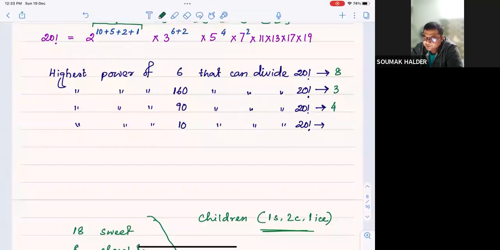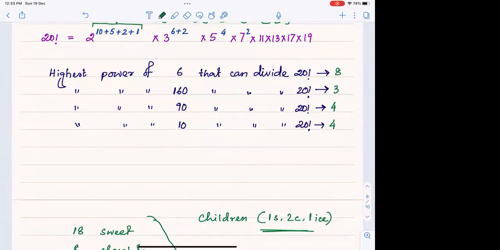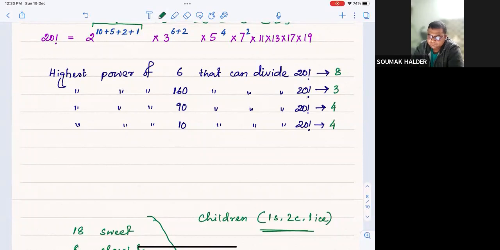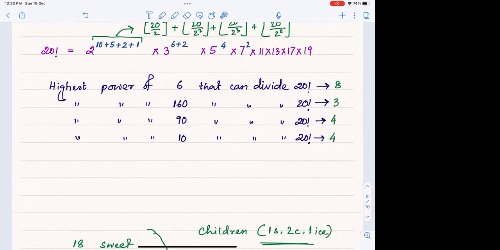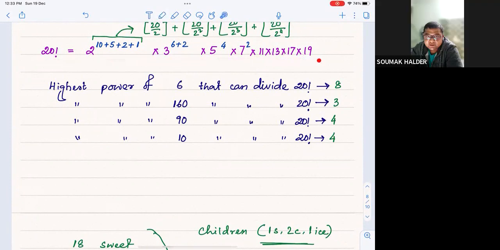For that, do I need to look into the power of 2 or just power of 5 will do the job? Because 10 is made of 2 and 5 and they require equal weightage. Now, if you look into any factorial representation, can a greater prime have a greater power than a lesser prime?